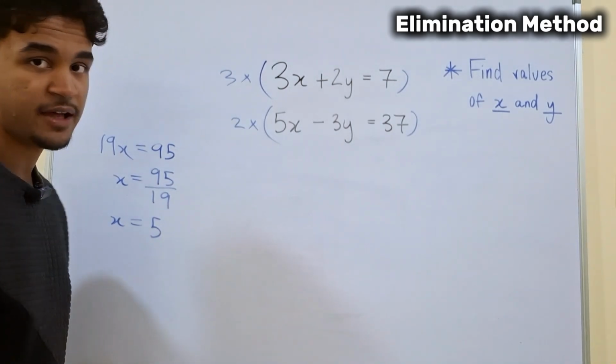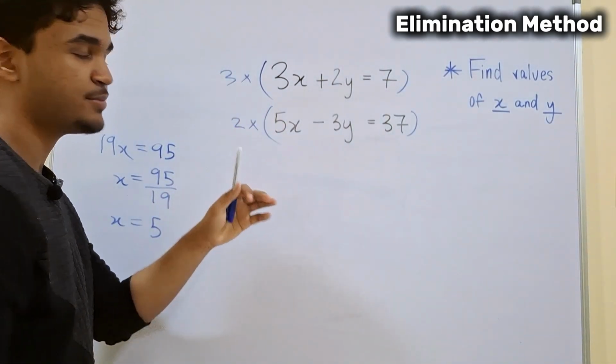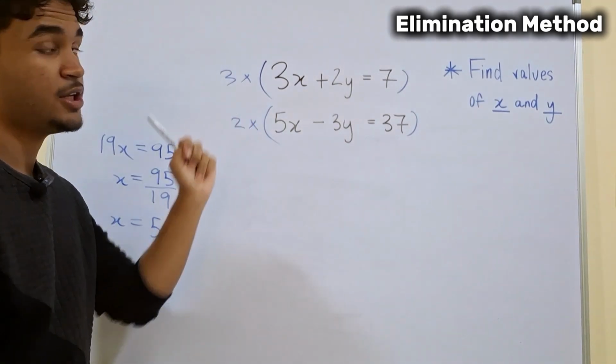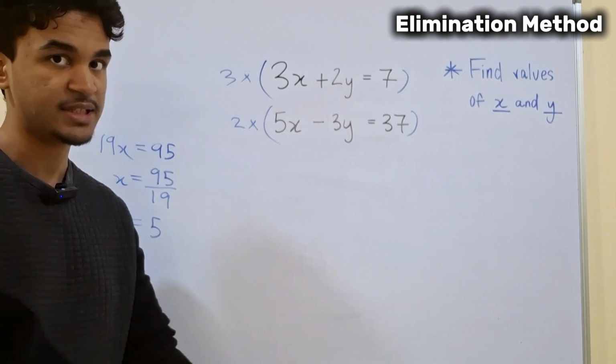Okay, now since we have the value of x, we're going to use this in one of these equations, but once again, like I told you, we're going to use it in a simpler equation because then it's easier to find the value of your missing variable.